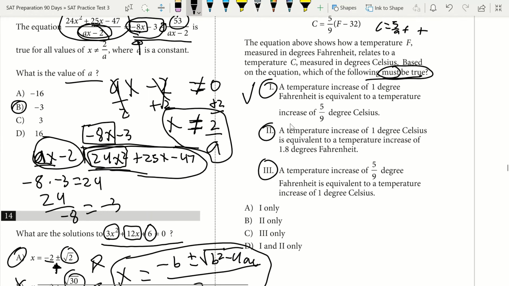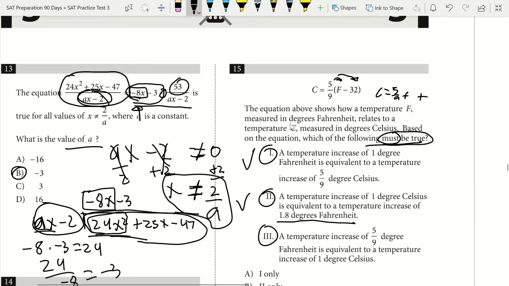Number 2, a temperature increase of 1 degree Celsius is equivalent to a temperature increase of 1.8 degrees Fahrenheit. That is also true, and here's how I get to that. If I was to increase by 1 degree Celsius, how much would I increase by in Fahrenheit? Well, I'm going to multiply by 9/5 to each side to get rid of this, right? So now I have 9/5 times degrees Celsius gives me my degrees Fahrenheit minus 32, right?